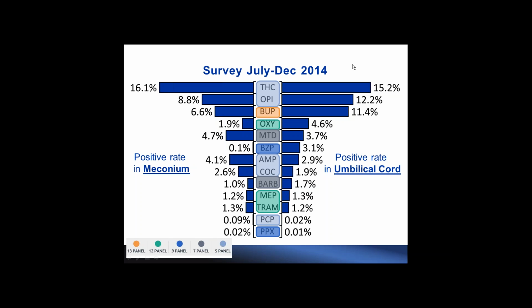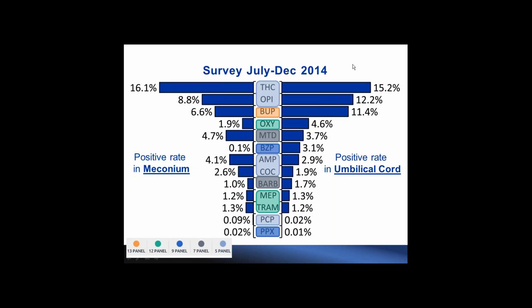Dr. Shu, a question came in stating, do you have any data on ethanol testing in meconium and umbilical cord samples? The data, I did not analyze myself.